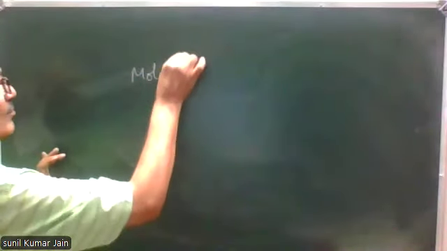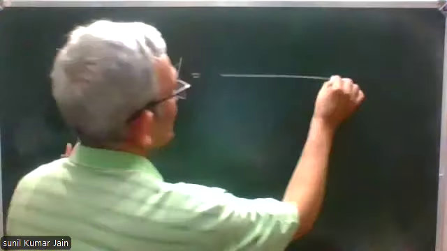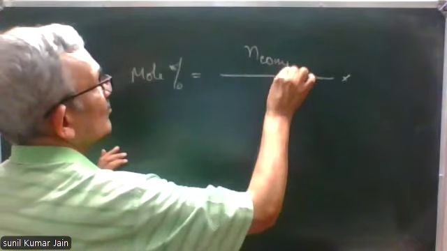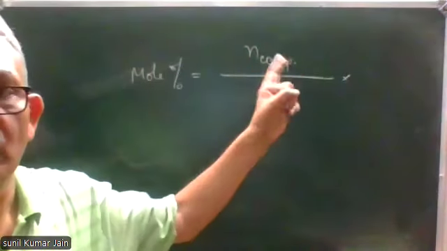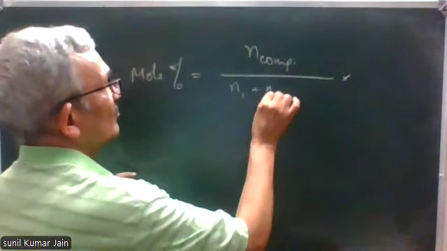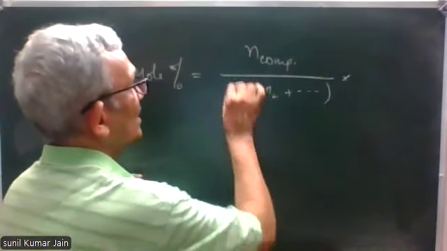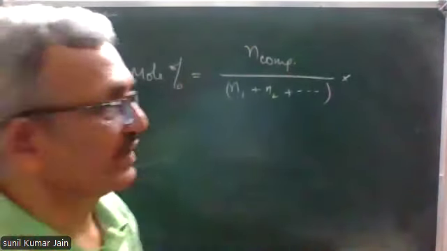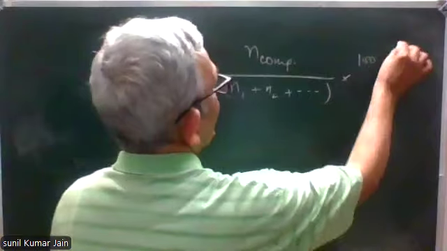Write the formula. Mole percent is equal to number of moles of the component divided by the sum of the number of moles of all the components, multiplied by 100.